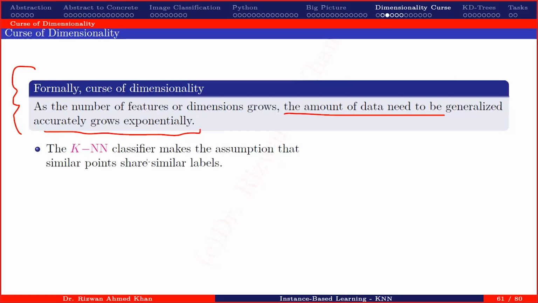So it means if we have, let's say, a 100 dimensional feature vector, the feature vector we were talking about, x1 to xn, with d dimensions, if d goes higher, we'll need an infinite amount of data to generalize well. Otherwise it will start overfitting and we'll not have the right results, or we will have very low training error, let's say, but test error would be very high, right?